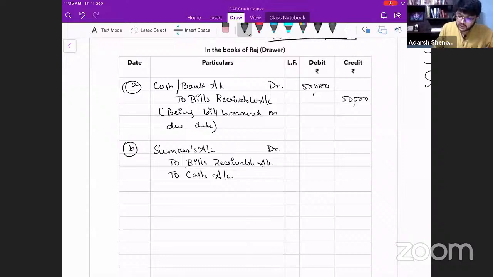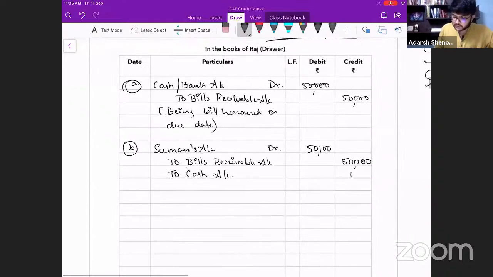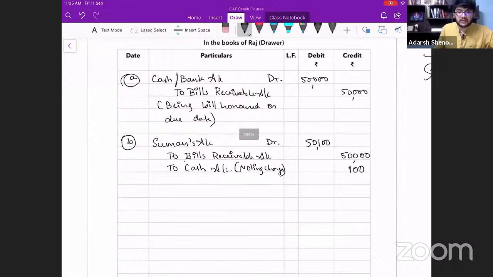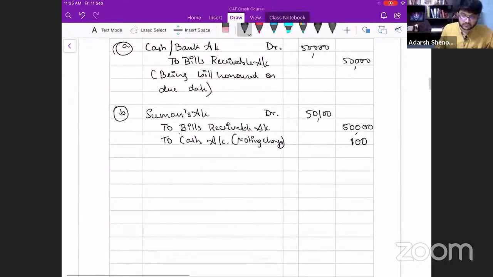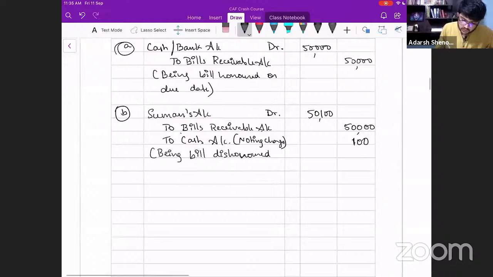How much is the amount that you will recover from Suman? 50,100. How much is to be credited to bills receivable? The face value of the bill, 50,000. How much is to be credited to cash account? 100 rupees, which is noting charges. Being bill dishonored and noting charges paid.